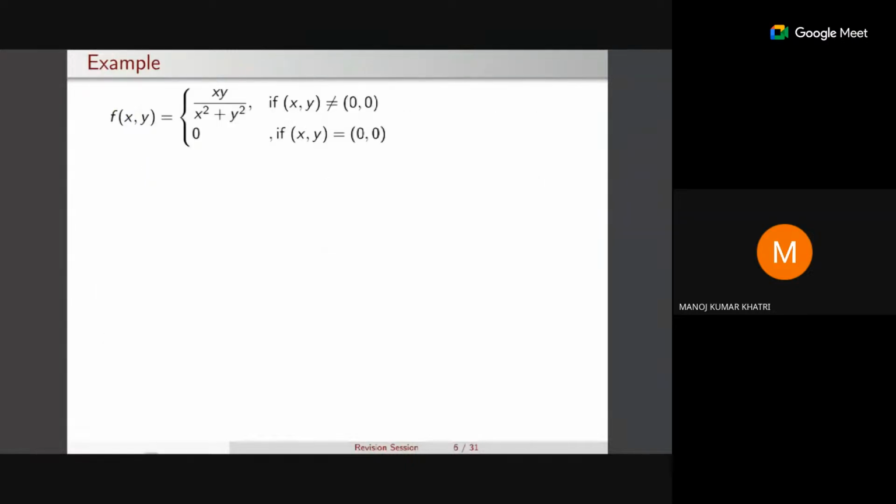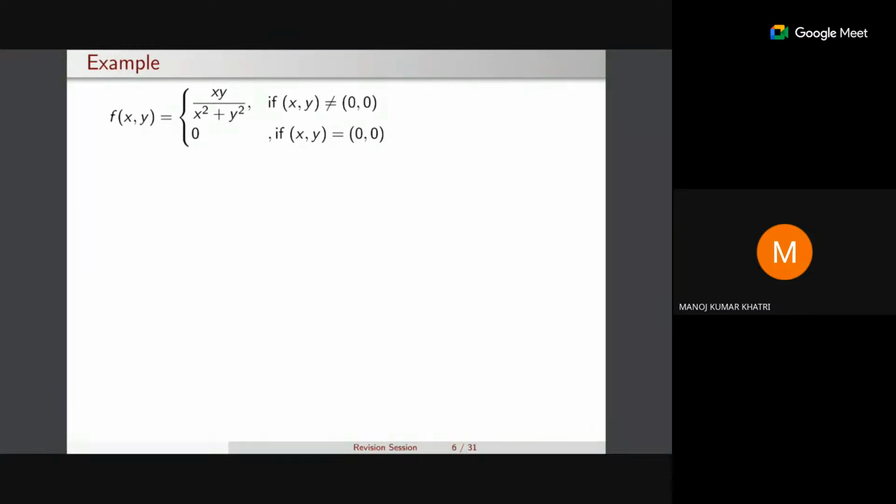Now, this is an example that I have chosen to analyze carefully, because understanding this example gives you a fairly good understanding of the partial derivatives, next directional derivatives, and so on.